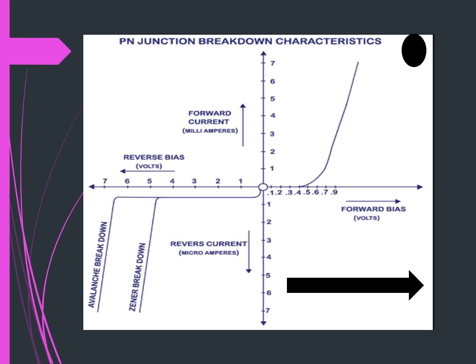The forward bias is the voltage, which will be in volts only. But the unit for the forward current will be in milliampere.